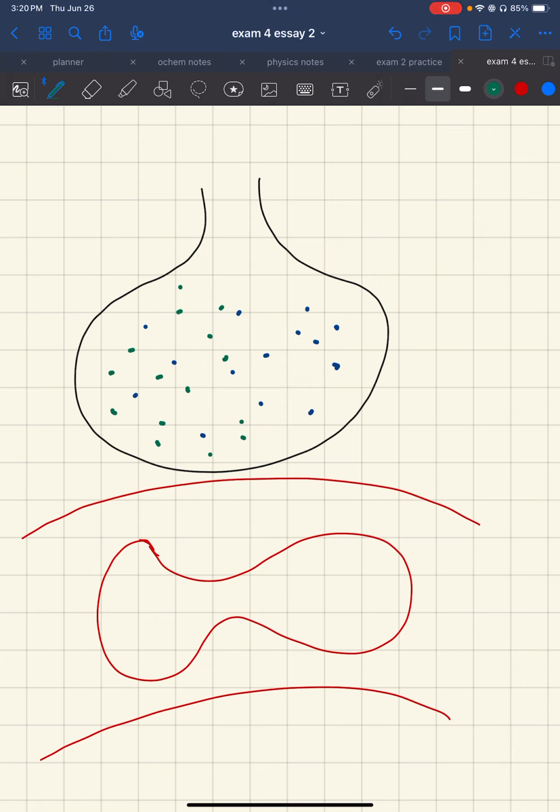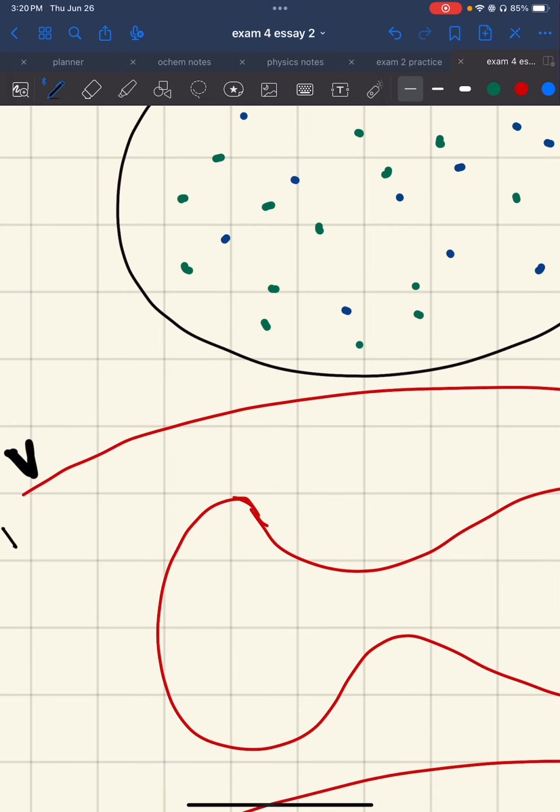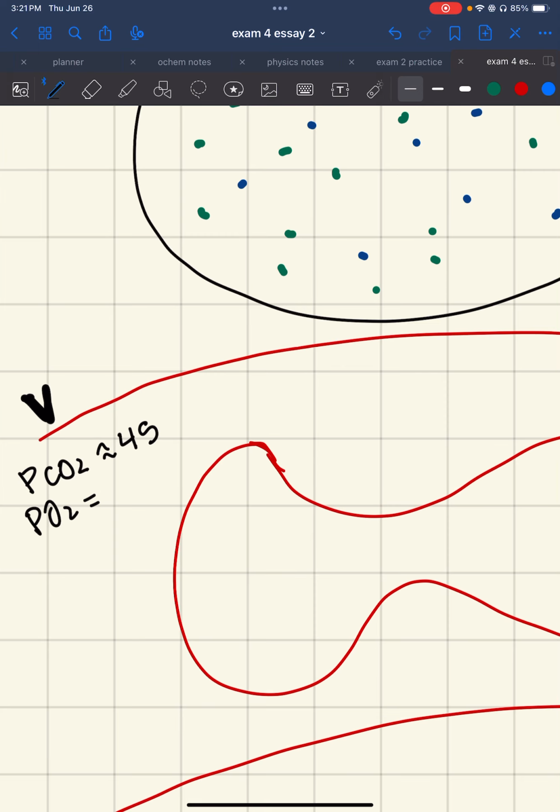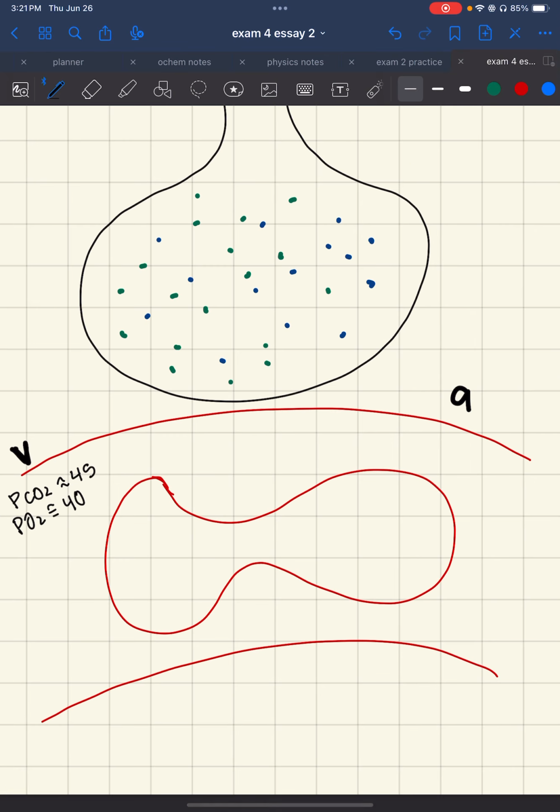And the partial pressures should be about the same in the blood. So if this is the venous side and this is the arterial side, on the venous side the PCO2 is about 45, and the PO2 is about 40, I think.